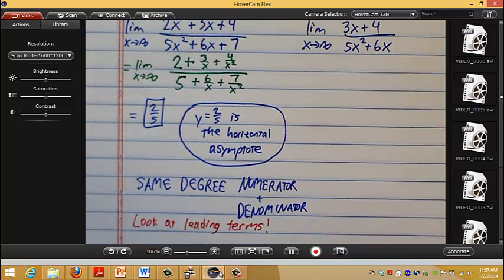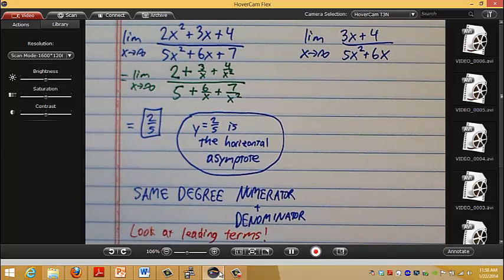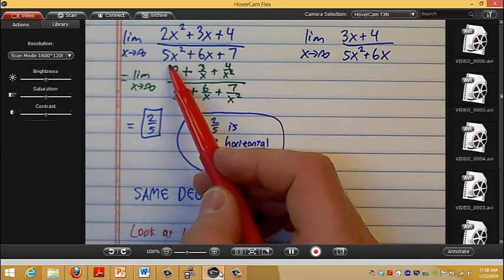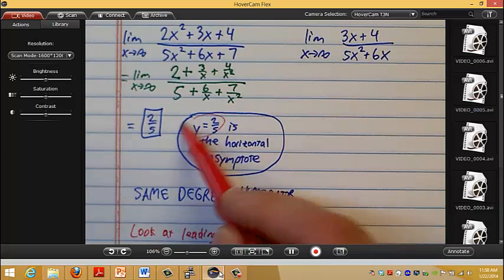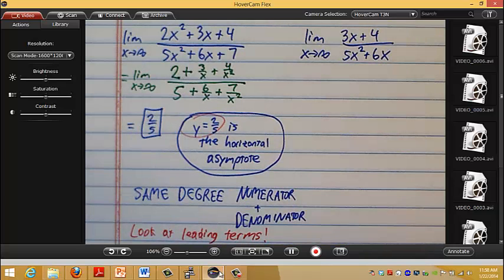We had 2x squared, we had 5x squared. So we know if we did all that dividing, it's going to be y equals 2/5. You guys see that? Here, what about this one? Do we have the same degree in this second example? No, we have a different degree. Right?